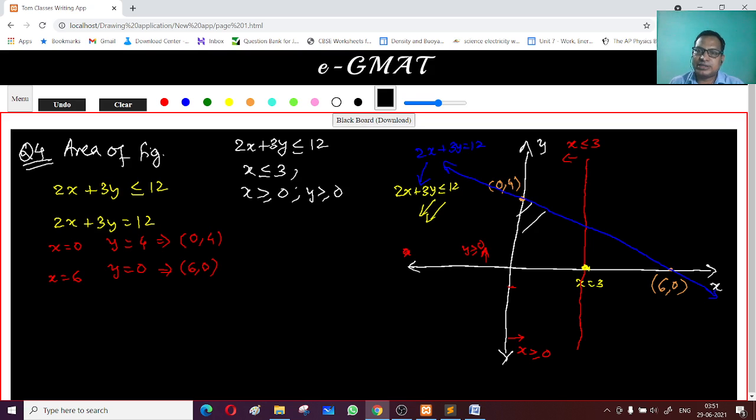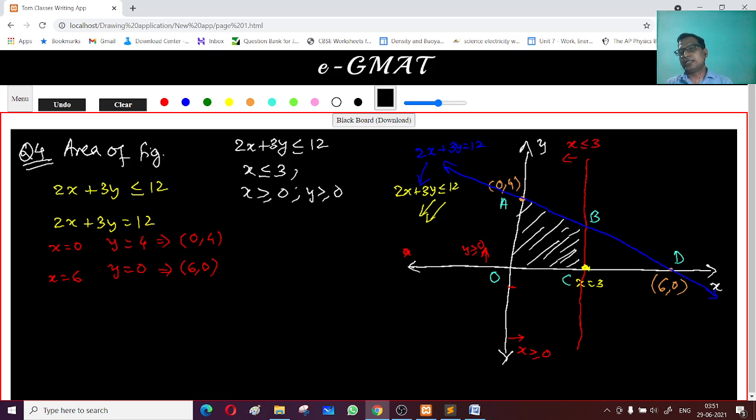Let me mark these points: let me call this A, this is obviously O, let this be B, let this be C, and let this be D, right? So he is asking about this particular shaded area.